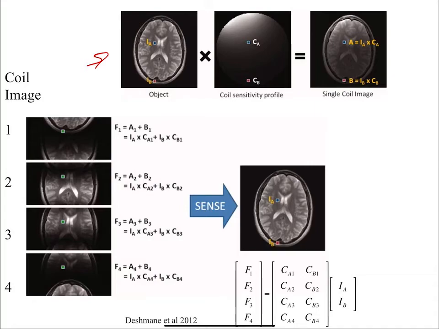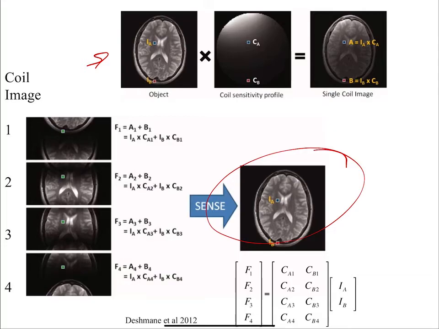But they all have a different view of my object, so I can put those into a linear equation and solve and get the object that I care about at the end. So one way of looking at it is that we've lost information in k-space, but we've regained it because we have that spatial diversity, because those coil sensitivities are different.